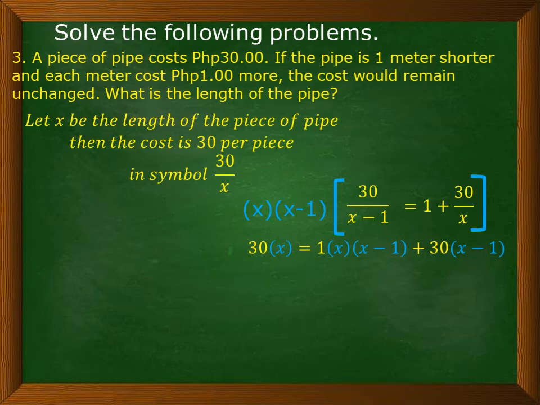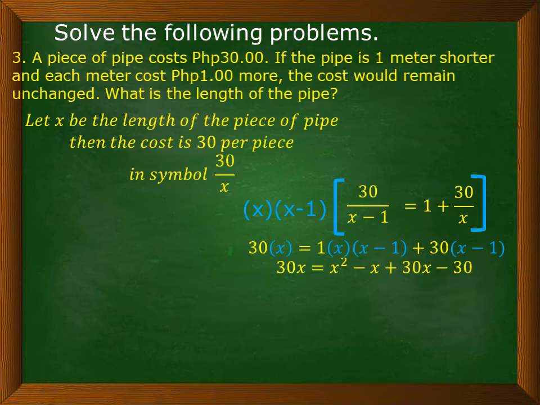Plus the last rational expression, we have 30 over x. So since you have their denominator x will be cancelled. So the only expression that you will multiply to 30 is x minus 1. So 30 times x minus 1. So simplifying further by multiplying everything, so you have 30 times x is 30x is equal to x times x, x squared, and x times negative 1, negative x.